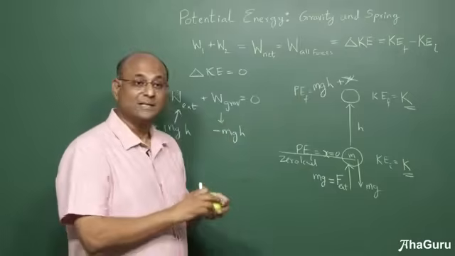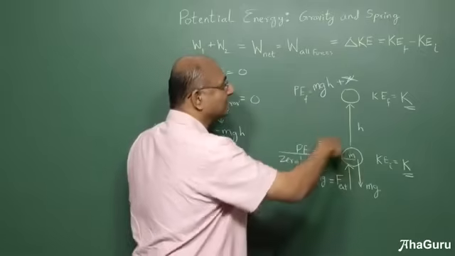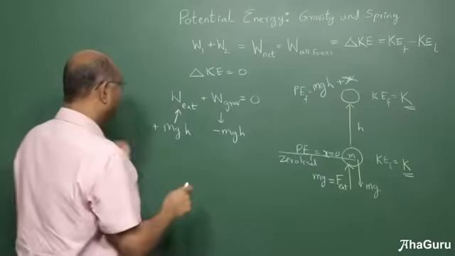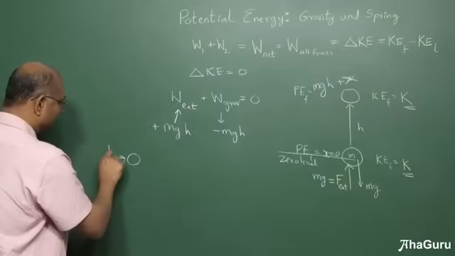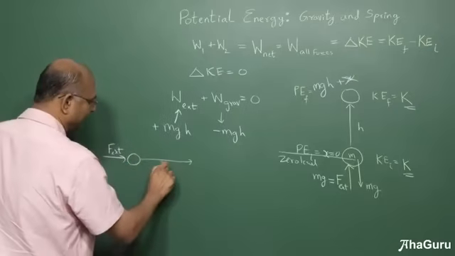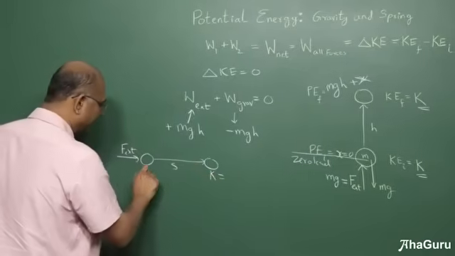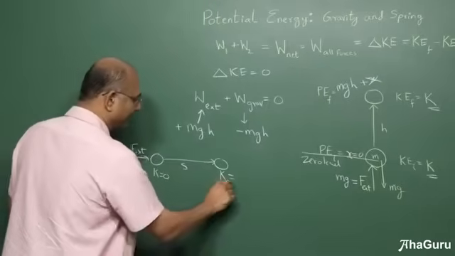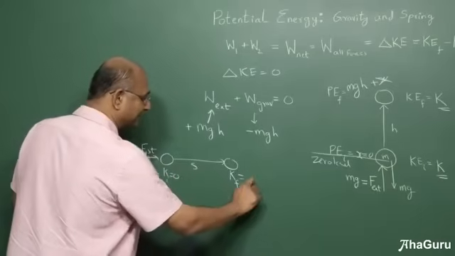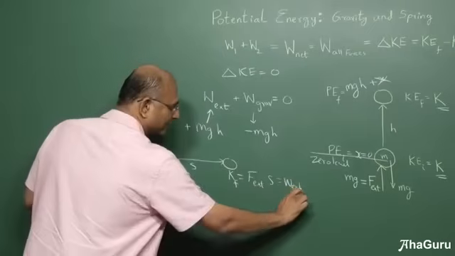So what does this tell us? This tells us whatever work I did has not got lost, it has got stored. Instead of going in as kinetic energy, it has got stored as potential energy. If I throw a ball like this, I exert a force F and it moves through a displacement, let us say S. Here the kinetic energy was 0, the final kinetic energy will be equal to the energy that I supplied, which is F external into S, which is work external.